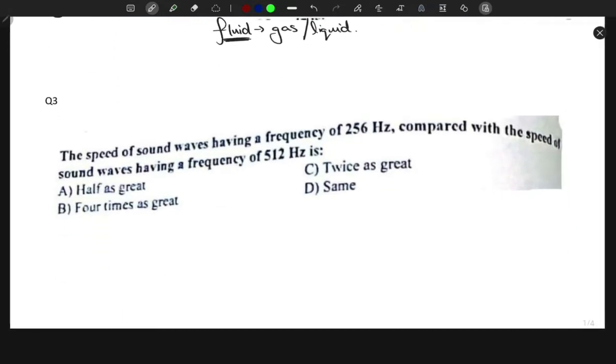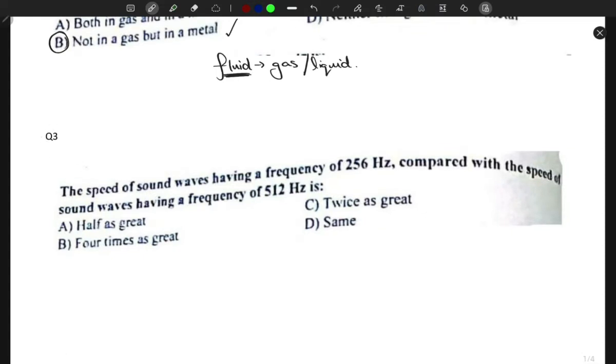So moving on, we have question number 3, and it reads, the speed of sound waves having a frequency of 256 Hz compared with the speed of sound waves having frequency of 512 Hz. Now, we are asked to compare these speeds.